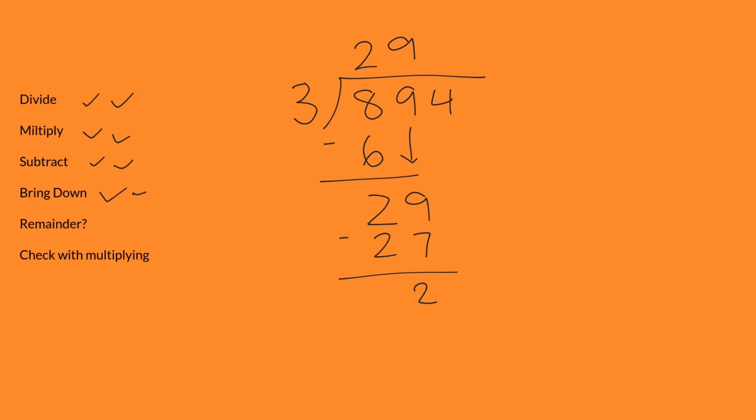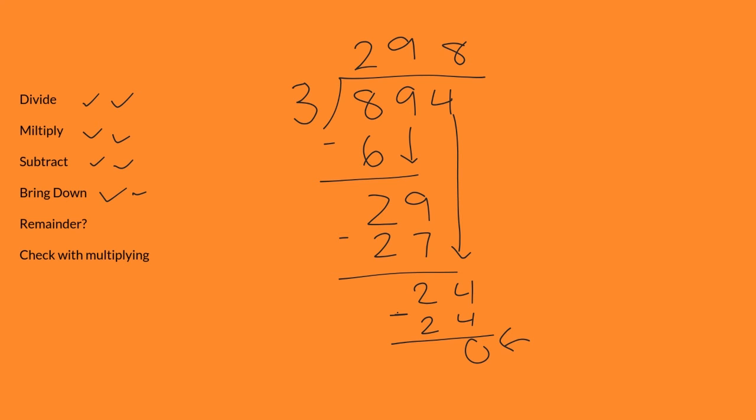Then I bring down again, which is 4. How many times does 3 go into 24? I'll give you some time to think about that. And if you said 8, you are right. And 8 times 3 is 24. We subtract, which is 0. So our 894 divided by 3 is 298 with no remainders.